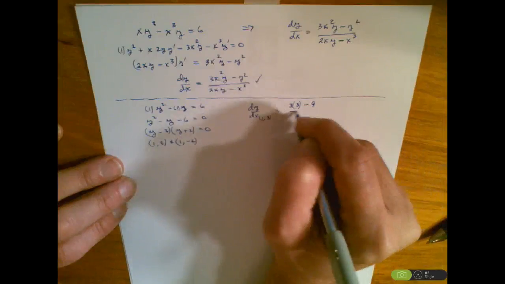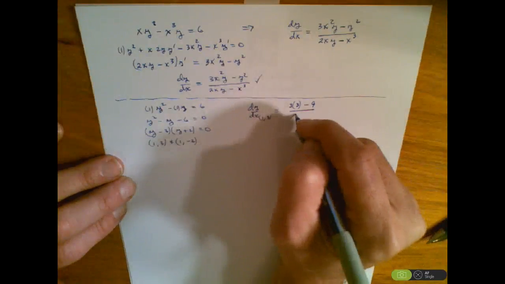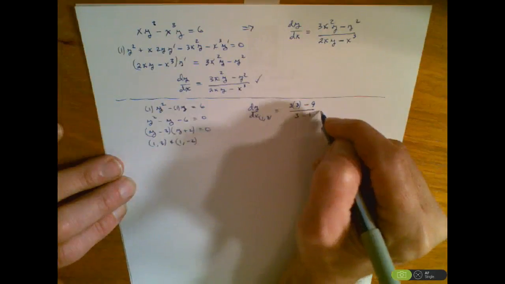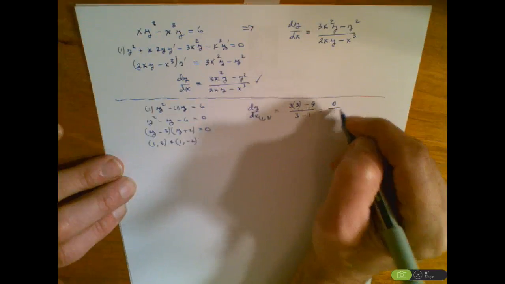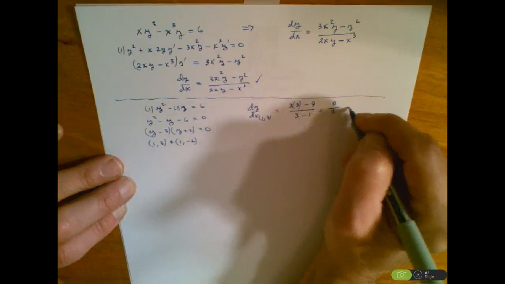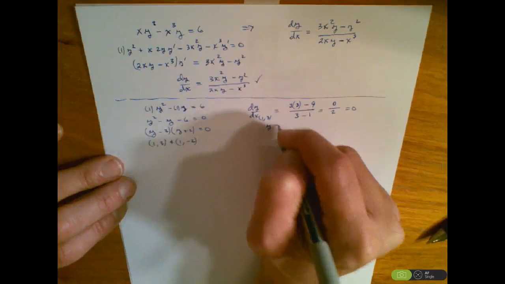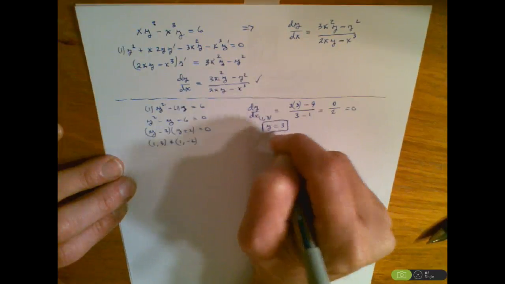And then we could put that over 2 times 1 times y, which would be 3, minus 1 cubed, which is 1. We notice on the numerator we have 0, and we have a 2 on the bottom, so our slope is equal to 0. So we have a horizontal line, and the equation for that would be y is equal to 3. So that's our first answer there.